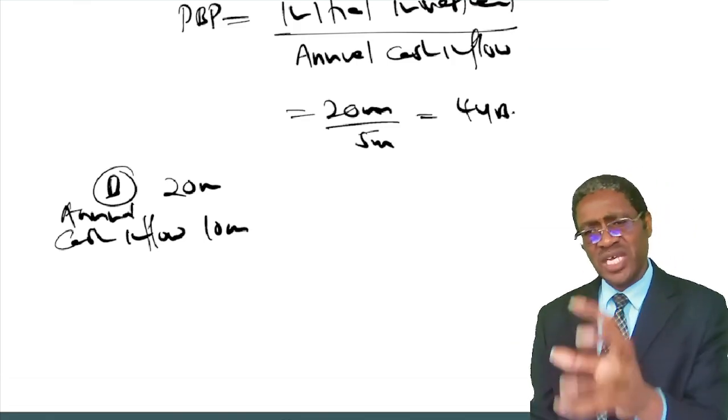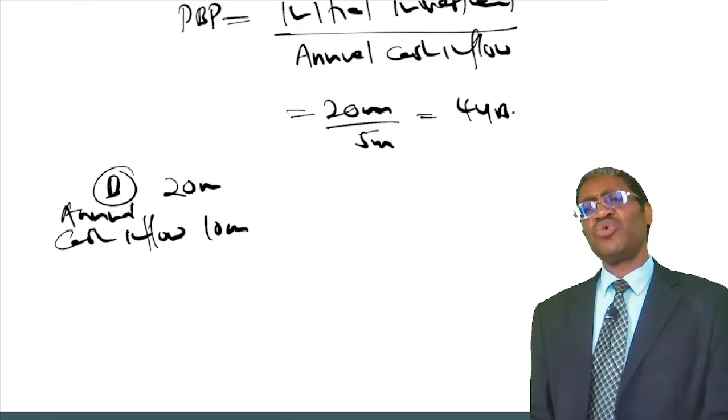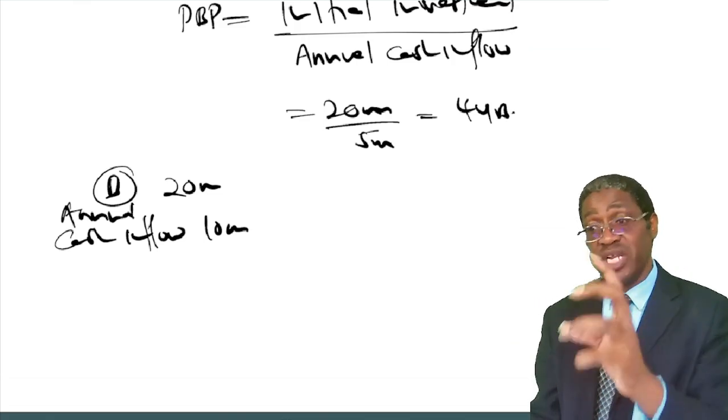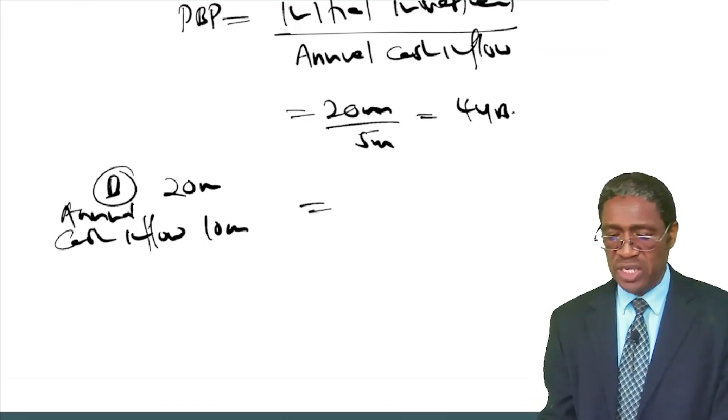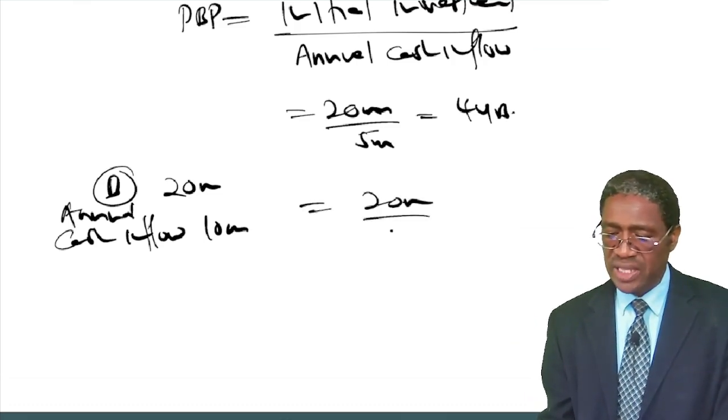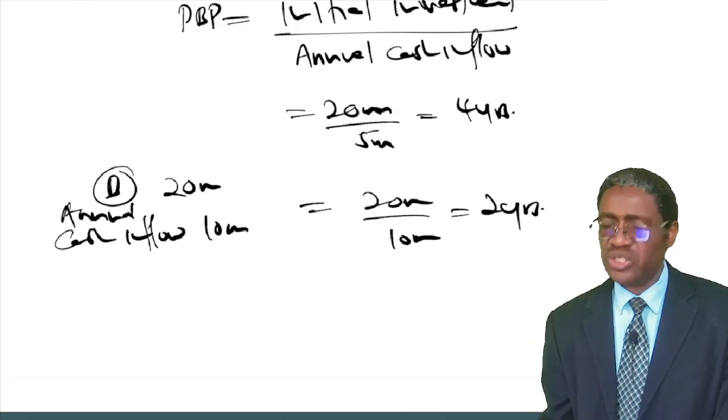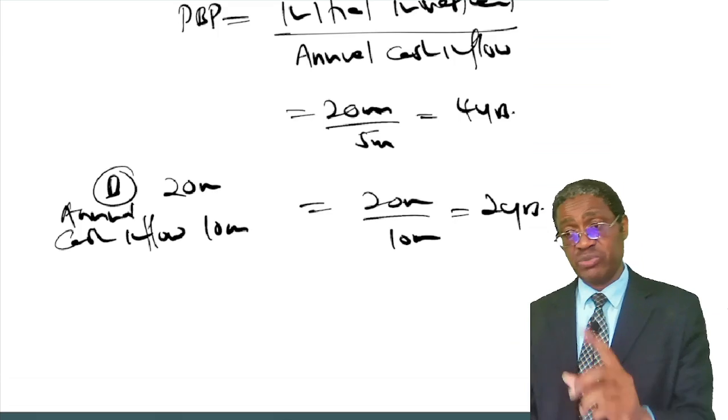So how many years will it take you to recover your 20 million if you invest in project B? It will be 20 million divided by 10 million, which takes me 2 years to recover my investment.